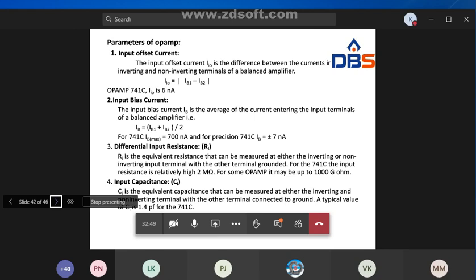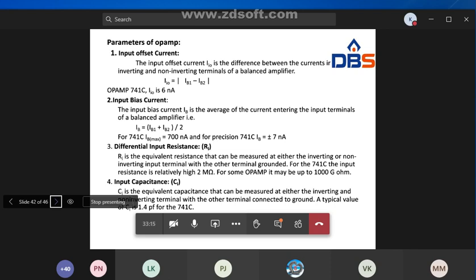So the input offset current, denoted as IIO, where O refers to offset, is the difference between the currents in the inverting and the non-inverting terminals of a balanced amplifier, right?